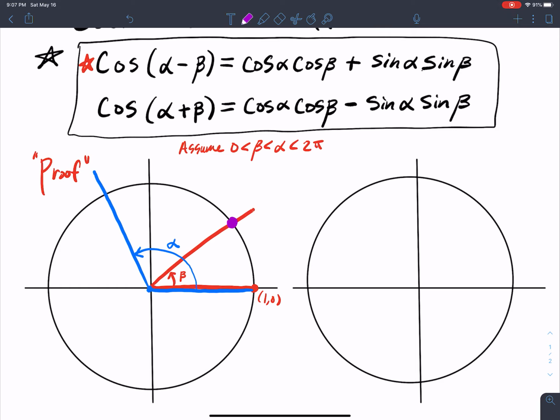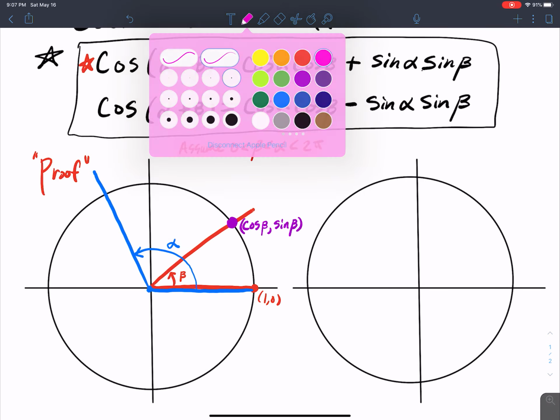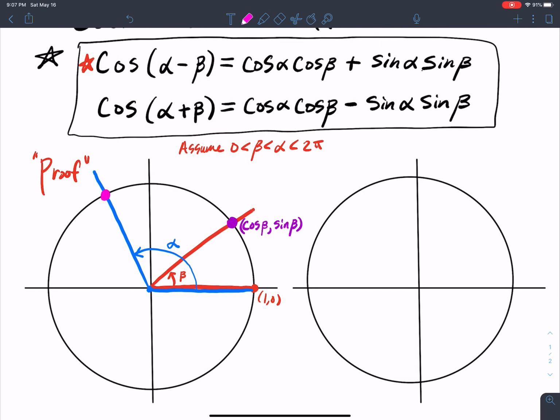So this first angle is beta, so this point is cosine beta, comma, sine beta. And then this point right here is cosine alpha, comma, sine alpha.